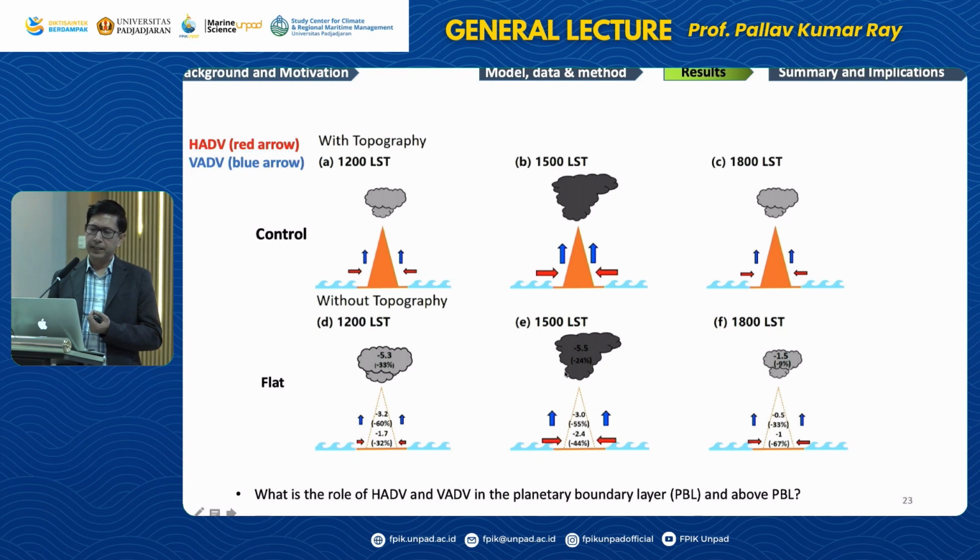Similarly at 15 and then at 18. This is something which was expected: if you remove the topography, your advection amount will decline, and that will lead to reduced precipitation. But the question that we really wanted to ask is, what is the role of horizontal and vertical advection in the planetary boundary layer and above the planetary boundary layer?